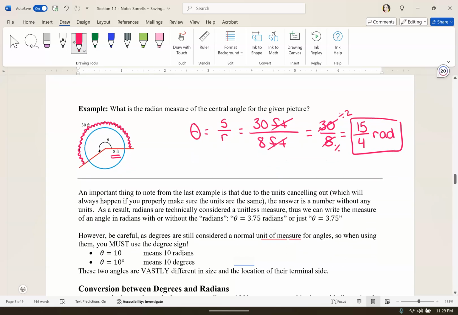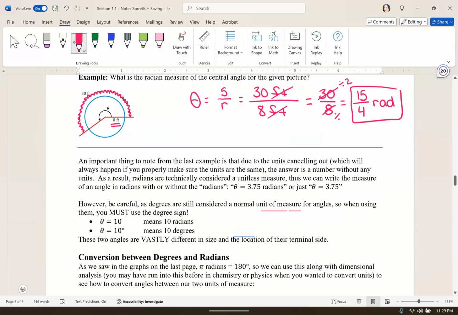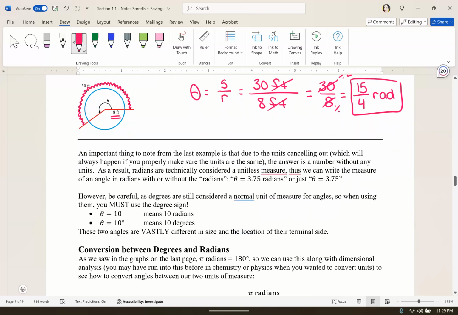One important thing to note from the last example is that due to the units canceling, which will happen if you properly make sure the units are the same, the answer is a number without any units. As a result, radians are unitless. So you can write your answer with or without radians.